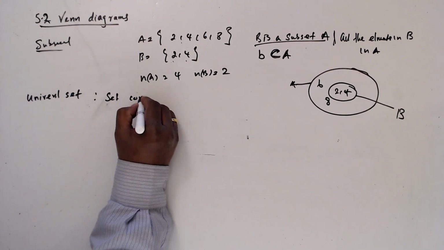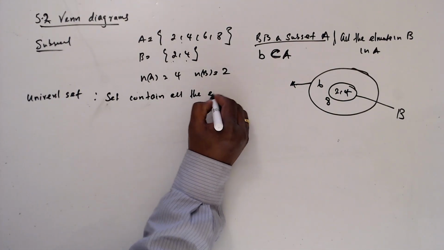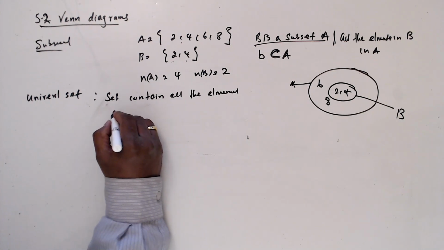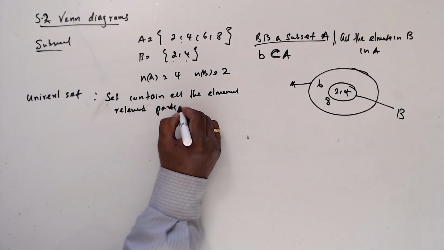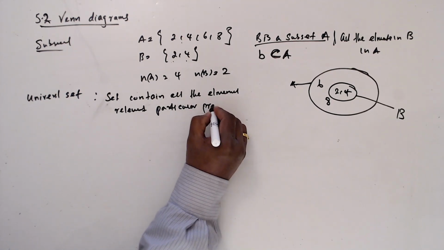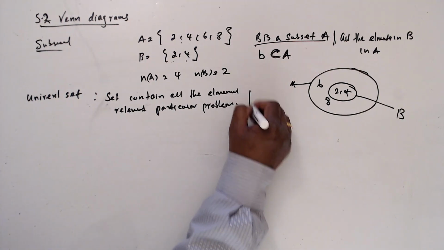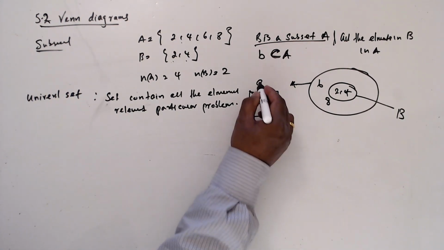The universal set contains all the elements relevant to a particular problem. We show it in a box, and the symbol is epsilon.